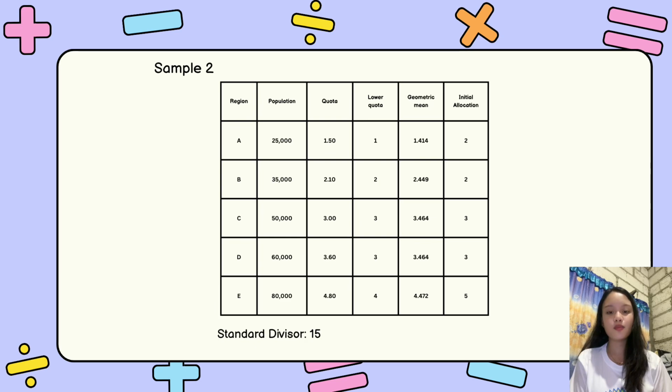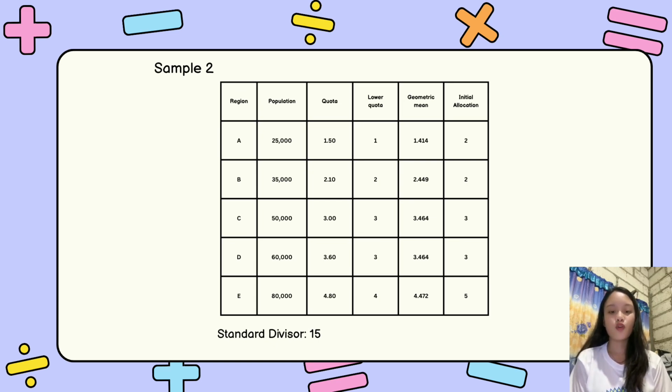And the geometric mean, there is a formula that we follow. For Region A, 1.414, Region B, 2.449, Region C, 3.464, Region D, 3.464, Region E, 4.472. Now, same goes with the initial allocation: if the quota is bigger than the geometric mean, then we add one, and if the quota is smaller than the geometric mean, then we stay with the number.